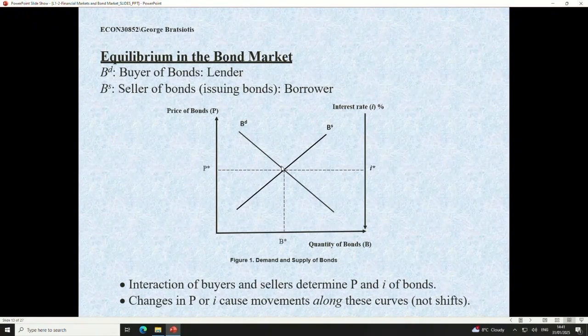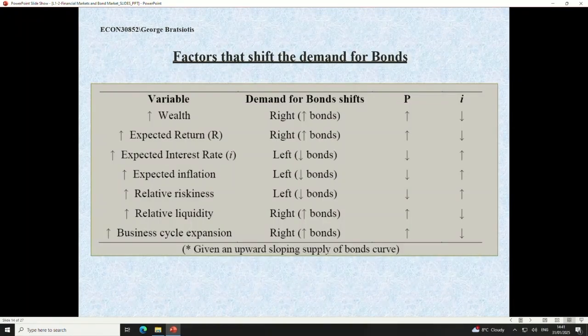Changes in prices or interest rates, of course, will be movements along the curve, but then there will be things that will be shifting the demand for bonds. And here are the factors that shift the demand for bonds. Any of these, I've put them in a table here, will shift the demand for bonds.